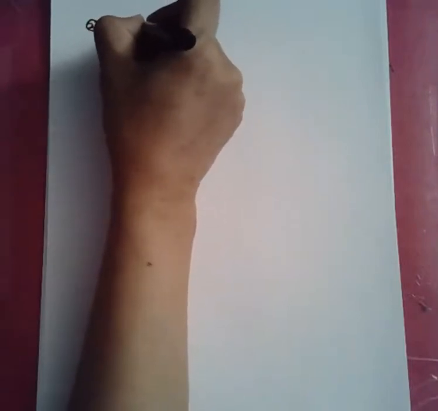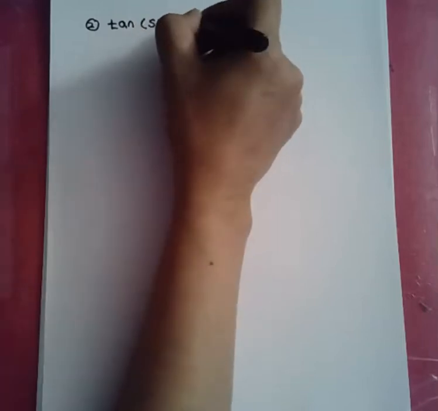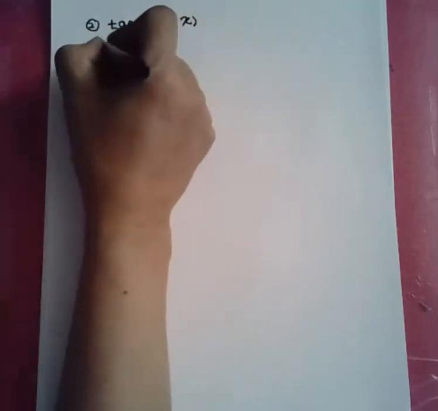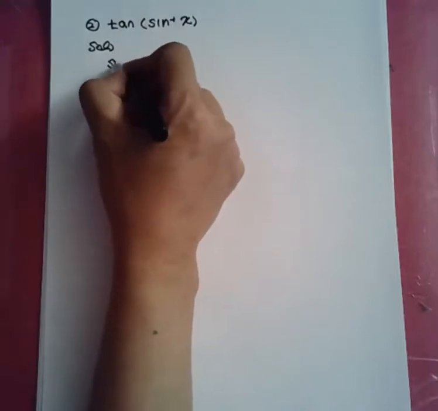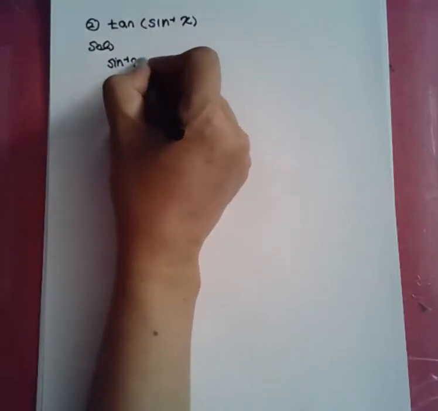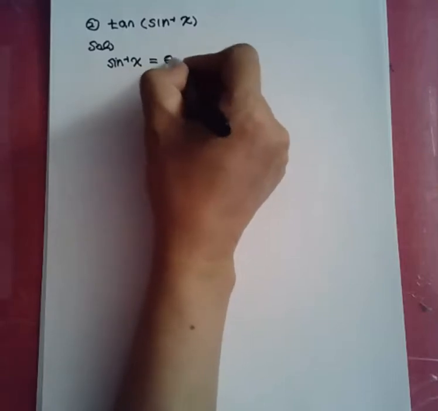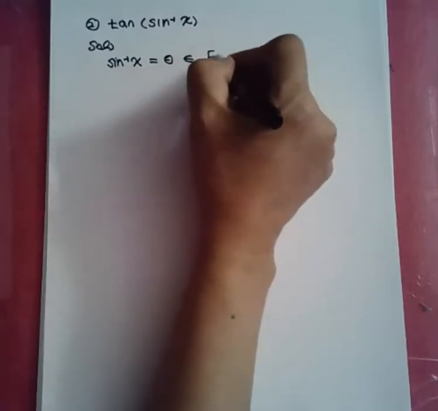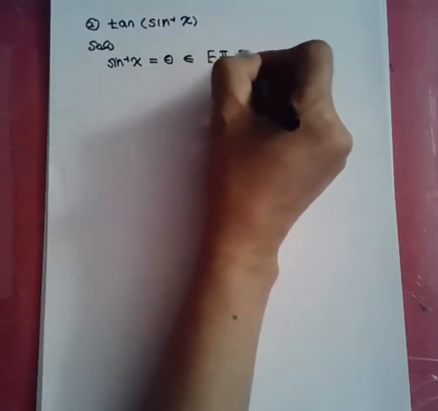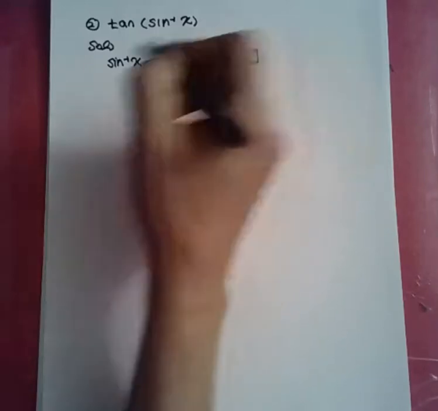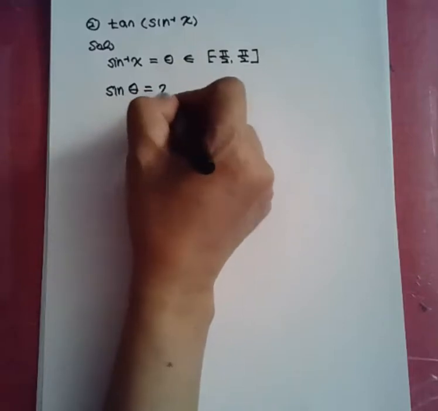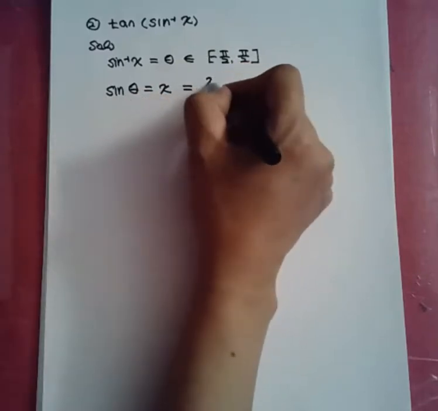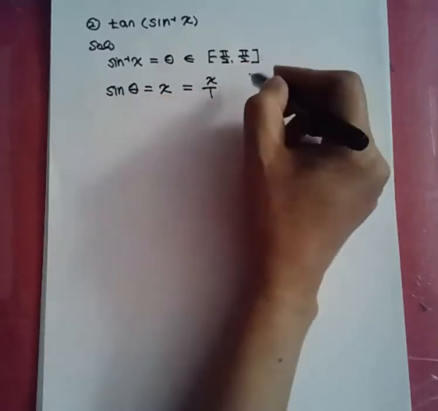Second question is tangent of sine inverse of x. Let's consider sine inverse of x equals theta, the angle between minus pi over 2 and pi over 2. And then sine of theta equals x, which is x over 1.